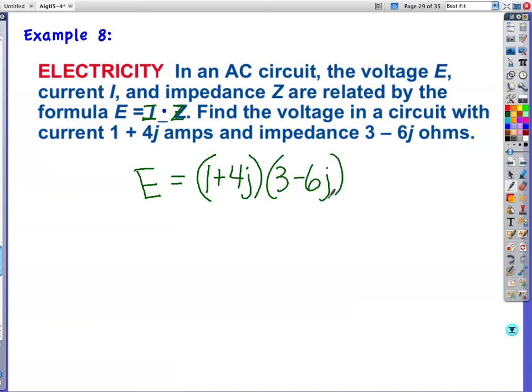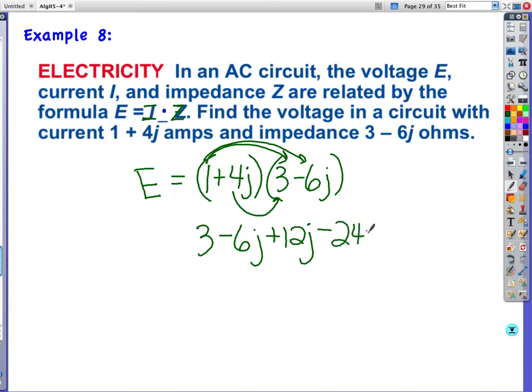Now we have a binomial times a binomial. We're going to FOIL basically. So 1 times 3 is 3, 1 times negative 6j is negative 6j, 4j times 3 is 12j, and I have a sneaking suspicion, negative 24j squared.